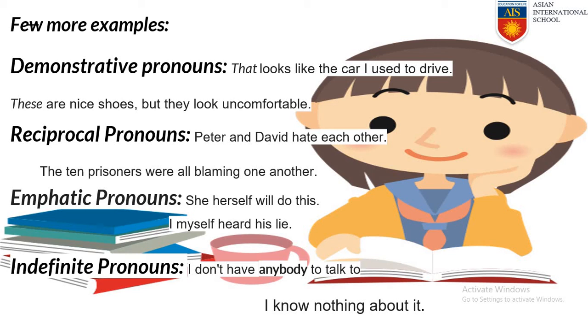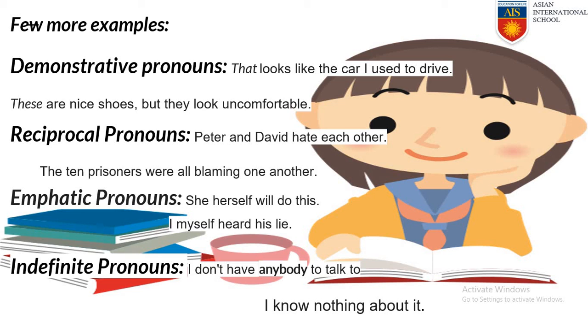These are nice shoes but they look uncomfortable. So here a person is pointing towards shoes and saying that they are uncomfortable. So here the word these has replaced the noun shoes.